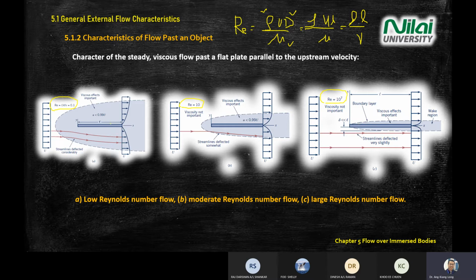This is what happens to your boundary layer when you increase the velocity. The region behind the body we call the wake region. All right, so what about this diagram?